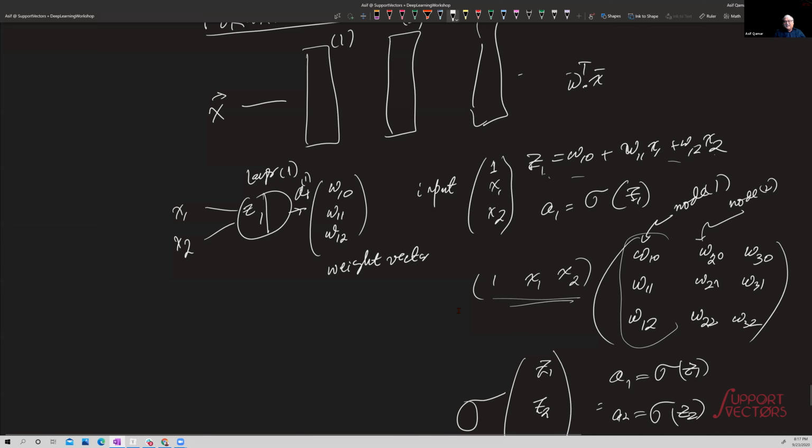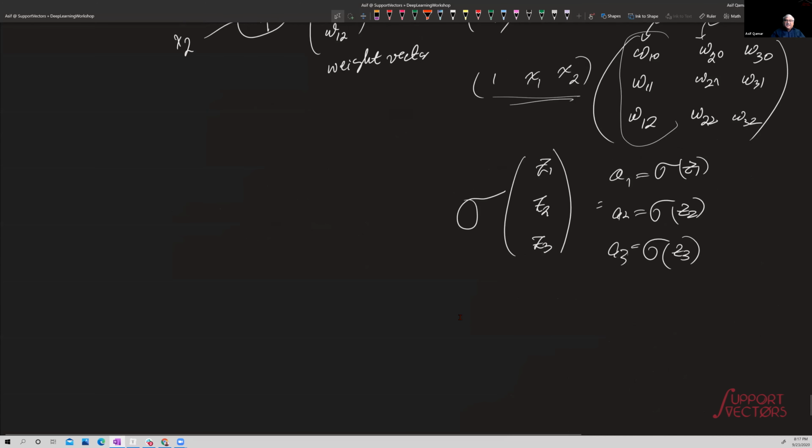And I know that the net output from the first layer is basically these activations, A1, A2, A3. People call these matrices and vectors and so forth, writing data together like this. But let's stick to simple terminology.